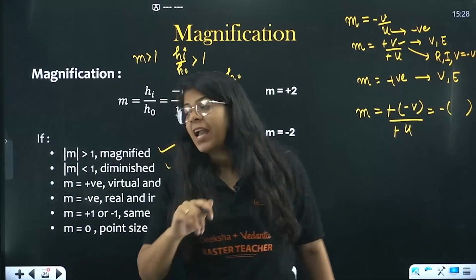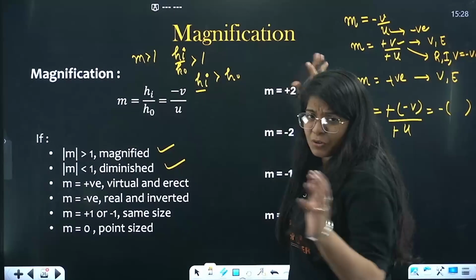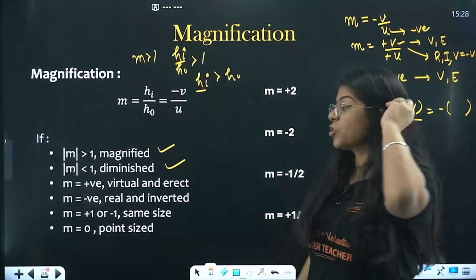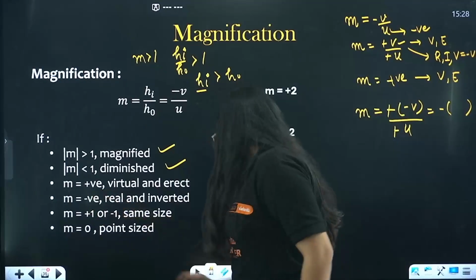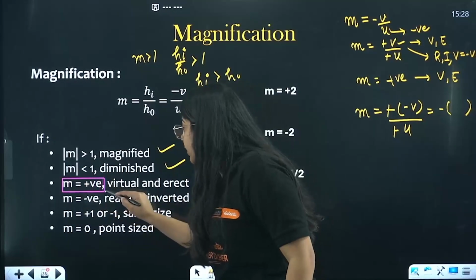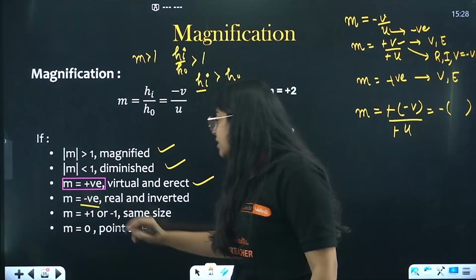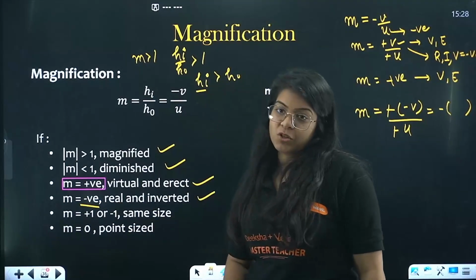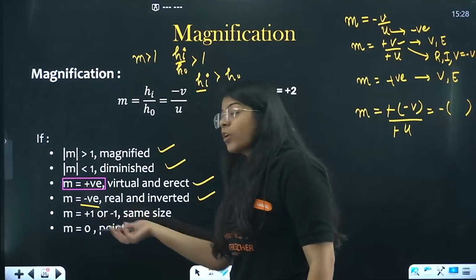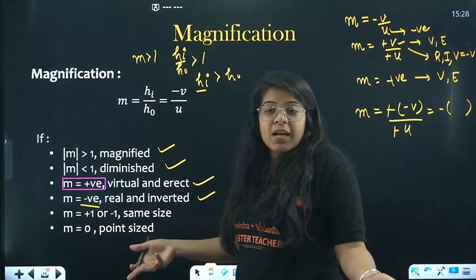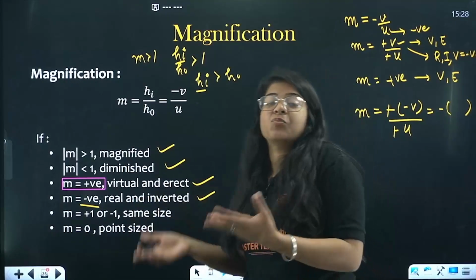If you don't want to remember this, it was just extra information. It simply means that if magnification is positive, you have a virtual and erect image. If magnification is negative, you have a real and inverted image. If it is plus 1 or minus 1, it is of the same size. If it is 0, it means point sized.